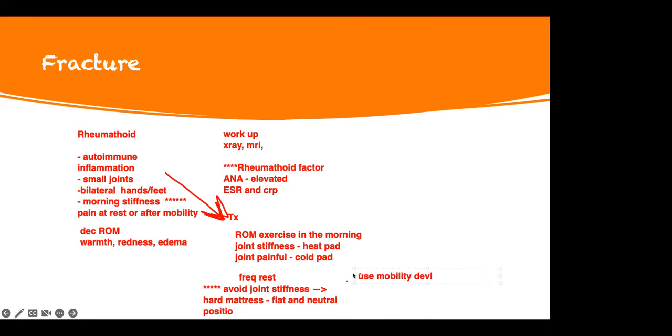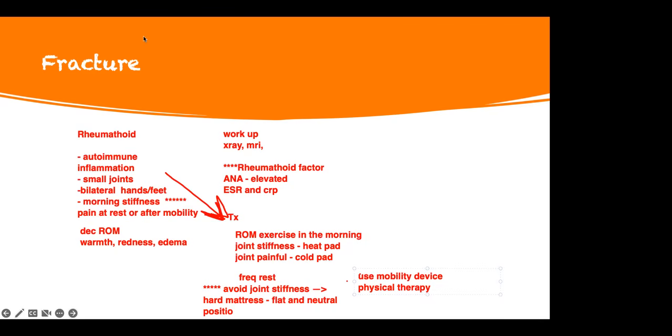I mean, things that will help them move around easily. And they too, they need physical therapy. But these are the key: sleeping on a hard mattress, exercising range of motion in the morning, and taking care of the joints. And then which joints are involved and how you take care of them. That's rheumatoid arthritis.